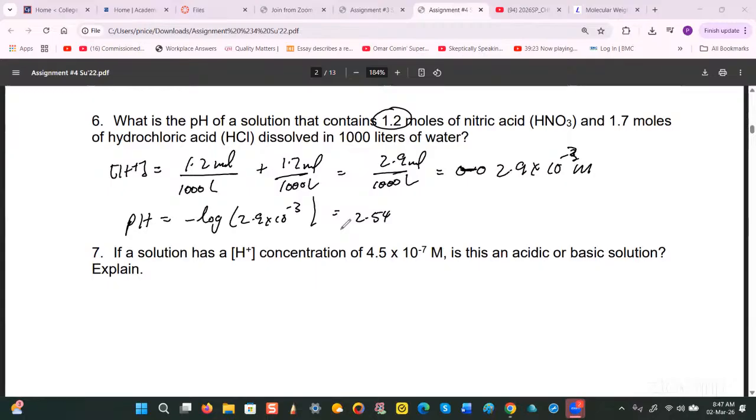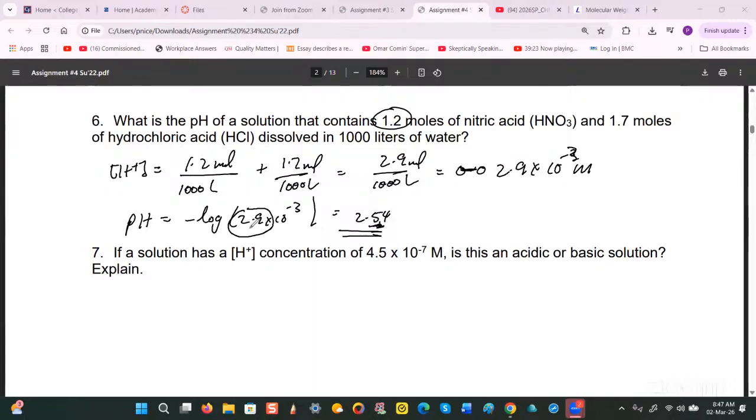All right. And let me just say something here, which I probably should have stressed in the previous problem. When it comes to rounding off your answer to the correct number of sig figs, there's a certain rule you need to follow, and that is this. Whatever the number of sig figs that you have here that you're finding the log of, that should be equal to the number of decimal places here, right?